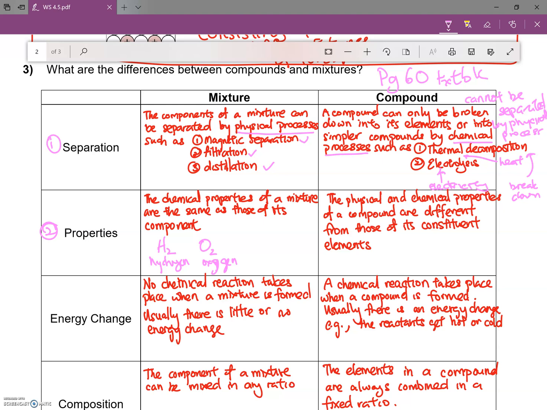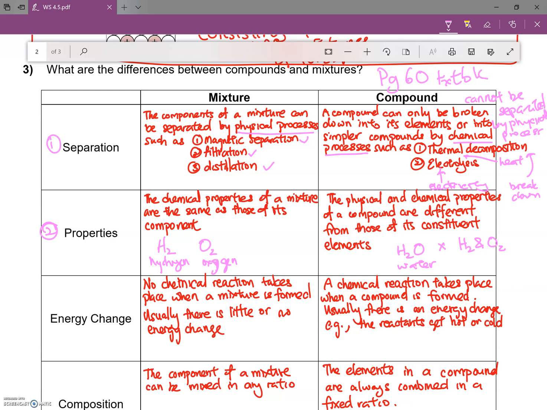However, for a compound, let's say when I put hydrogen and oxygen together and they react, they form this compound called H2O, which we commonly know as water. For water, we do know that it is different from H2 and O2. H2 is a gas, O2 is a gas, but H2O, water, is actually a liquid.